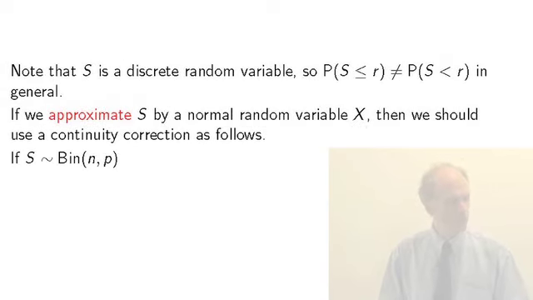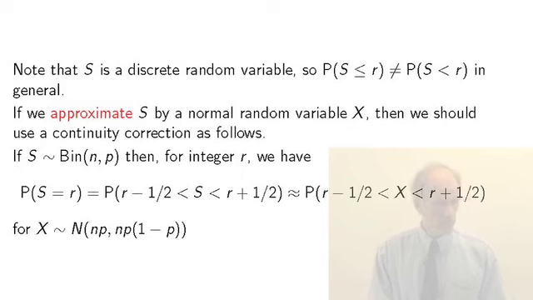So if S is binomial with parameters n and p, that's a shorthand way of saying S is the number of successes in n trials with the probability of success in each trial equal to p, then to calculate the probability S is equal to r, where r is an integer, we can note that's equal to the probability that S lies between r minus a half and r plus a half, because there's only one value in there that S can take anyway.